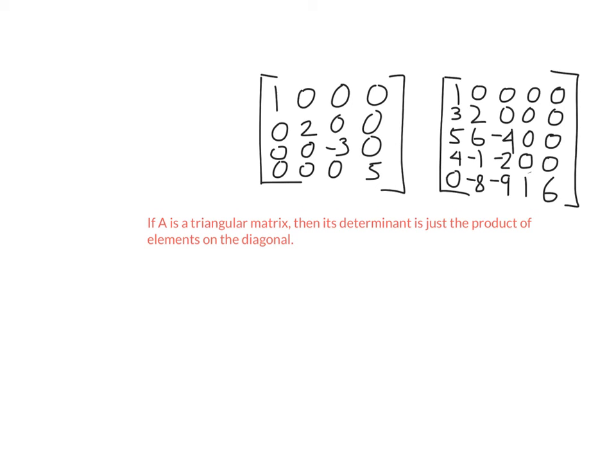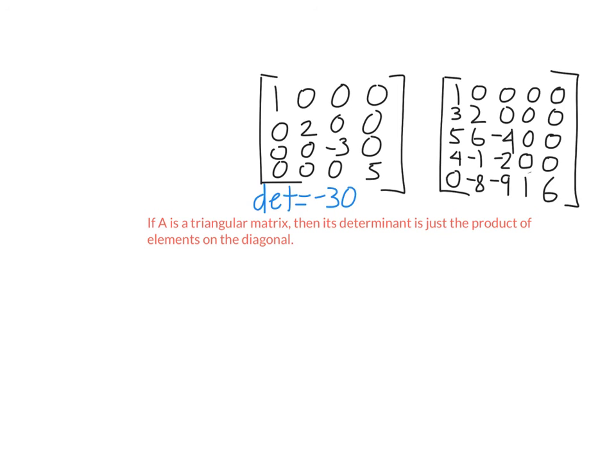So this theorem can help us find the determinant by hand of some larger matrices if they are of a certain type. If a matrix is triangular, then all you need to do to find the determinant is multiply each of the diagonal elements. Hopefully you see that the first matrix is diagonal, so it's both upper and lower triangular. Its determinant will just be the product of the diagonal elements, so 1 times 2 times minus 3 times 5, which will be negative 30.